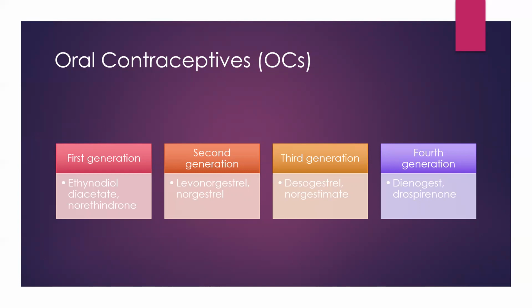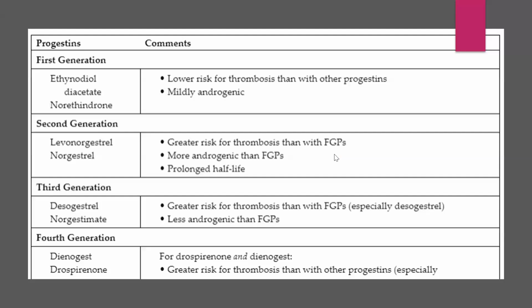Your oral combination contraceptives have been around since the 50s. They're one of the biggest families of drugs that is prescribed. They are both safe and effective. They have pretty minor side effects as far as how they affect women. So we already talked about our first generation.